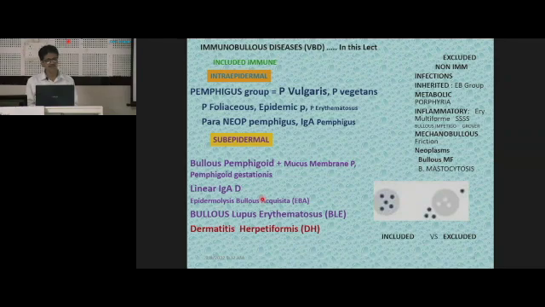Basically, epidermolysis bullosa is a genetic mutation-based disease, but in the case of acquisita, there is production of autoantibodies, and that is an acquired condition. Then bullous lupus erythematosus. It has a bullous presentation, but because the basic mechanism is autoimmune, that's why it is included here. And lastly, dermatitis herpetiformis, although it is not seen very commonly in India, it is related to gluten hypersensitivity.